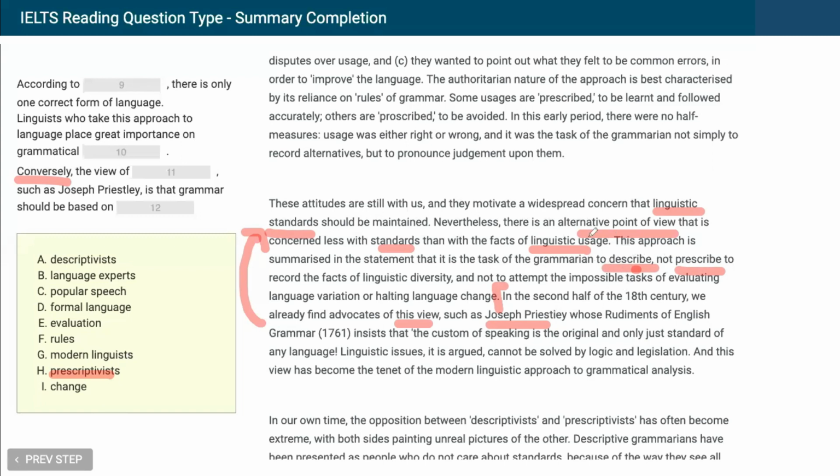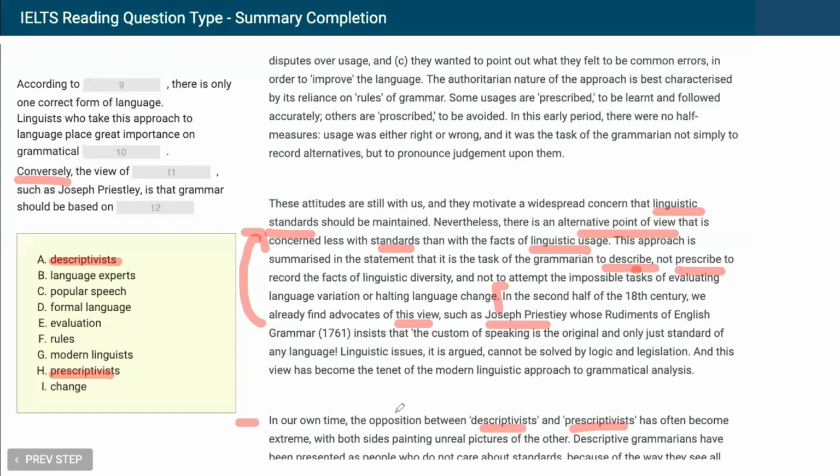So if we take this word describe, look in our table for something that has the same root, we would be called to letter A, descriptivists. Also, if I look here at this first sentence, you see descriptivists and prescriptivists. Now, these are the two groups of linguistics in our passage and also in our table.